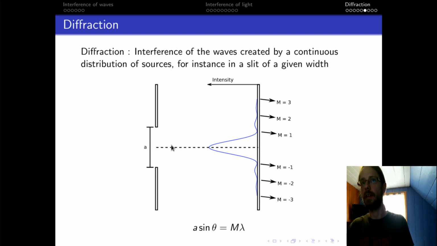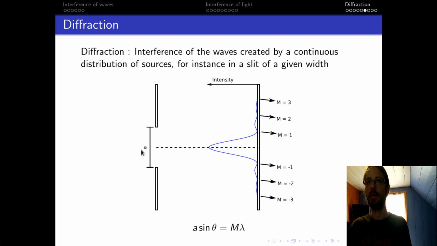So the value of theta corresponds to the angle that goes over here, the angle that goes over here, the one that goes over here, and the same thing in the bottom part of the diagram. So the angle that describes this location, one that describes this location, and the one that describes this location.